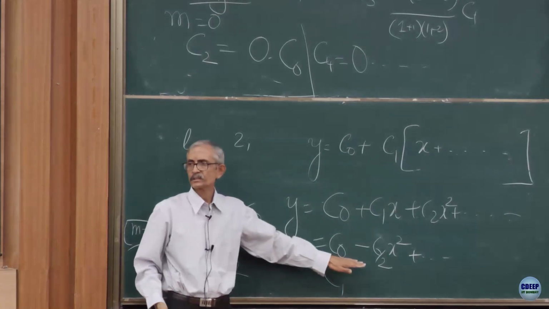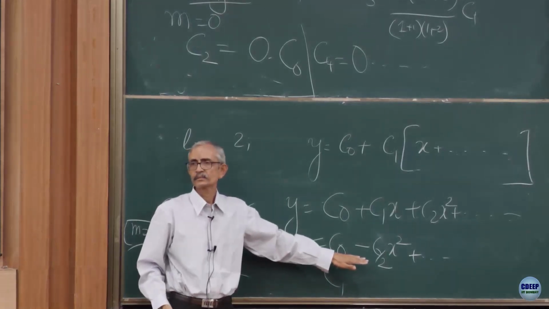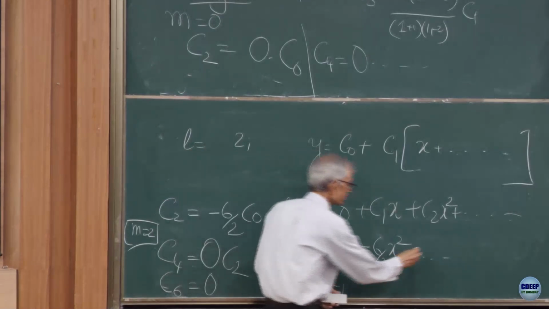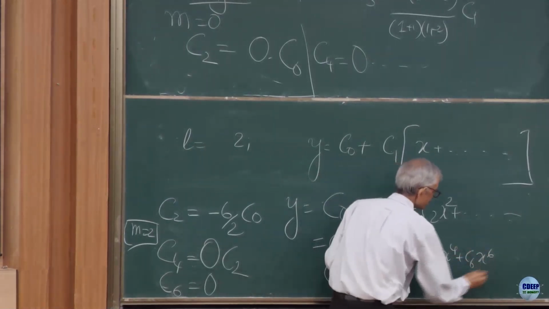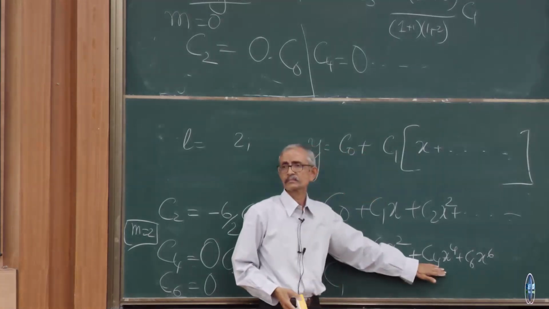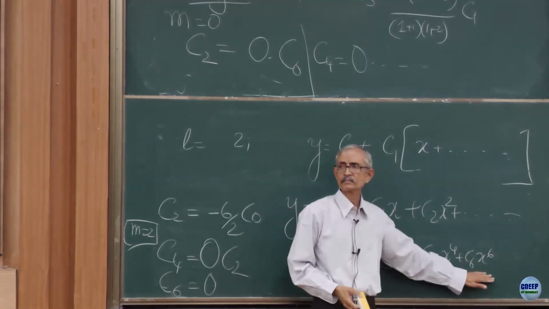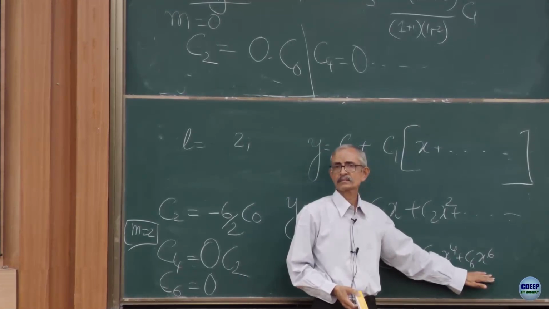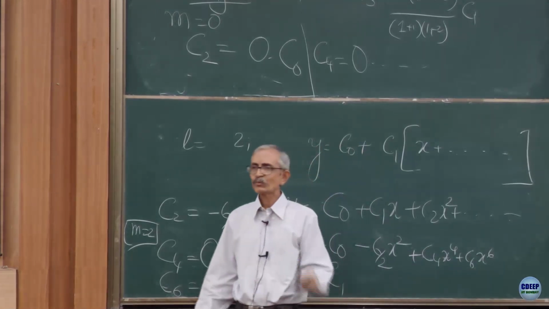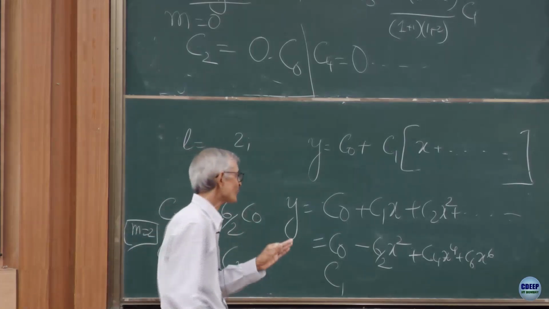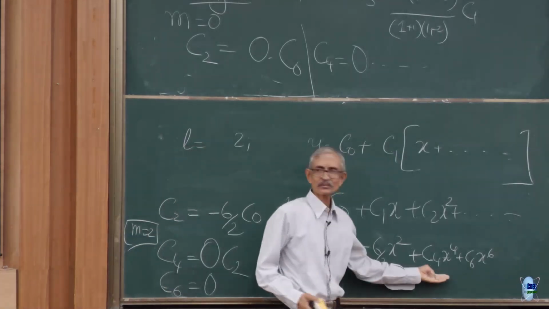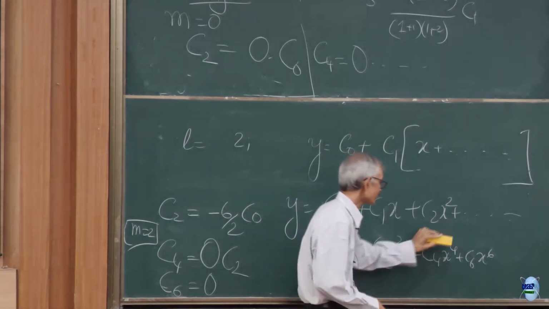What are the even terms now? Plus C4 x4, C6 x6. What is this term? 0. What is this term? C4, C6, etc. are all zeros, right? So if they are all zeros, what happens to these terms? They are all gone.